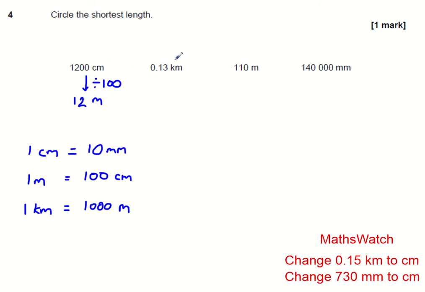The second one, we've got 0.13 kilometres, and we're going to change that to metres as well. So this time we're using the conversion that 1 kilometre is equal to 1,000 metres.